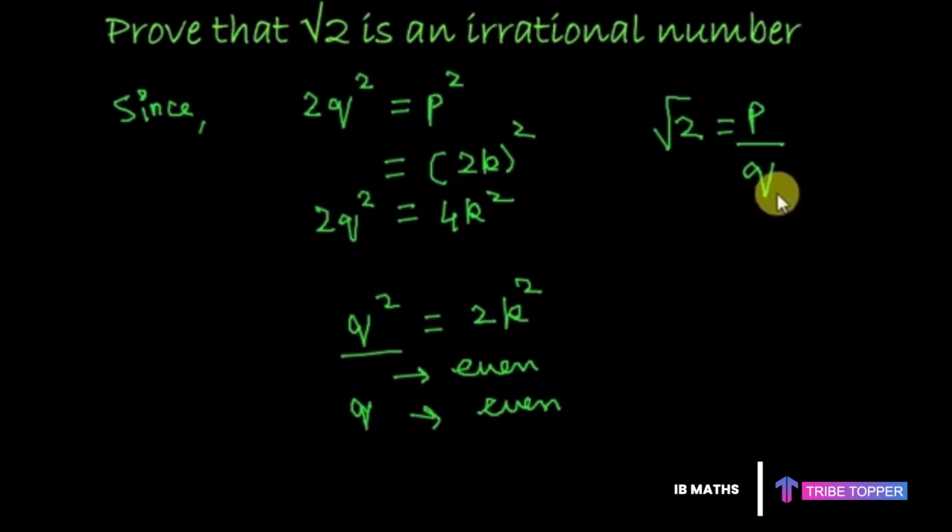Since 2 is a common factor, it is contradicting our assumption that there is no common factor. Hence, our assumption is completely wrong. Square root 2 cannot be expressed as p by q. Hence, square root 2 is an irrational number. I hope you understood that.